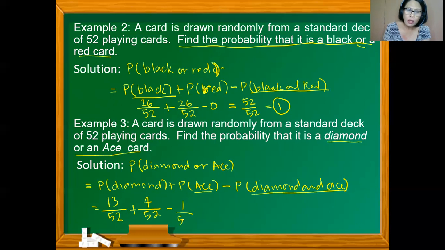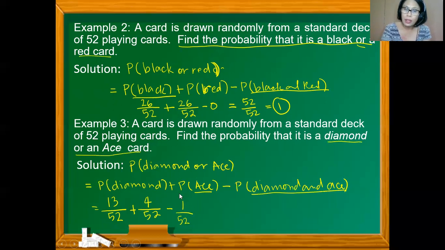The reason why we have to subtract this value is that we have counted ace cards 5 times, wherein we only have a total of 4 ace cards from a deck of cards. In here, remember that in these 13 diamond cards we have one ace card, and then we have 4 ace cards here, a total of 5 ace cards.